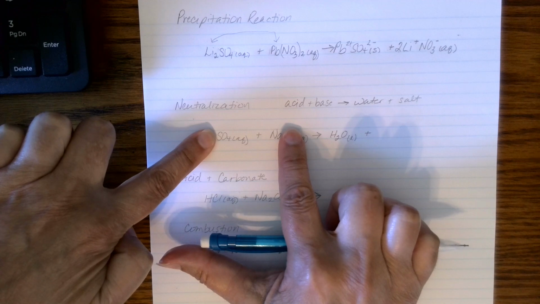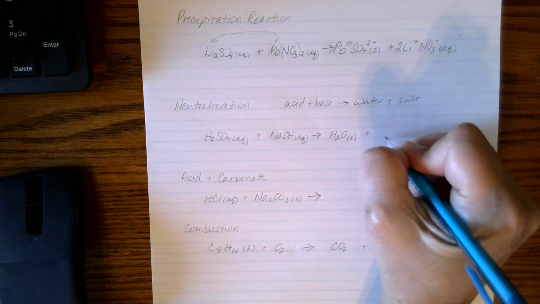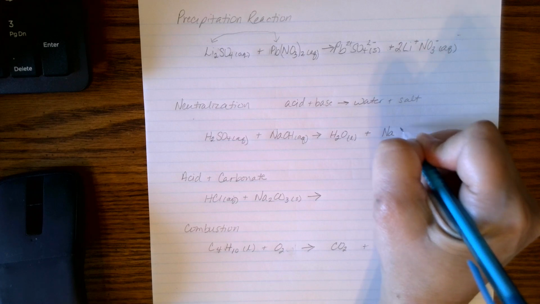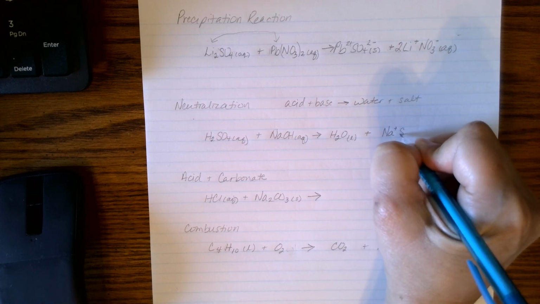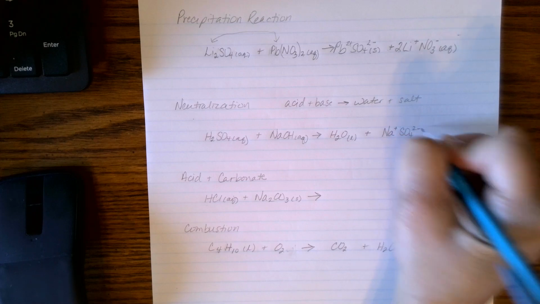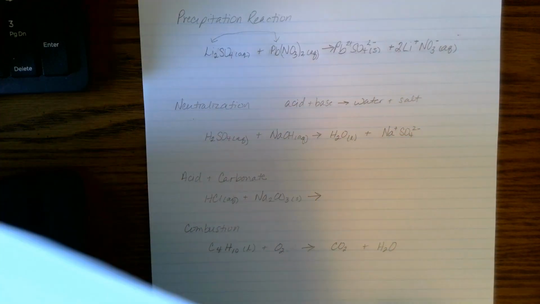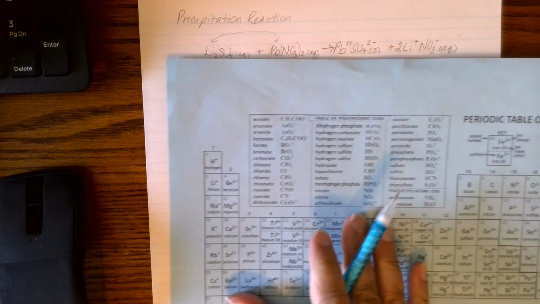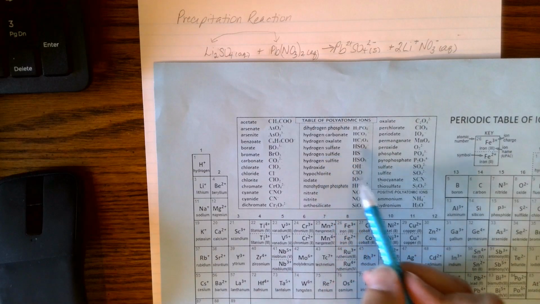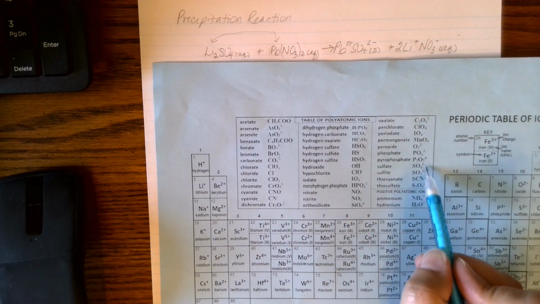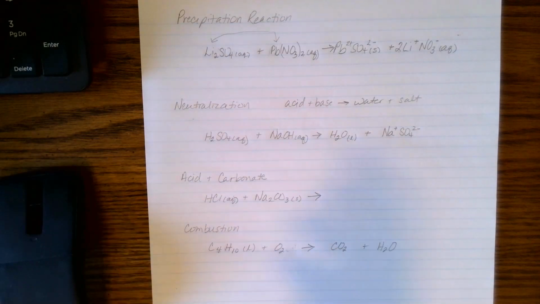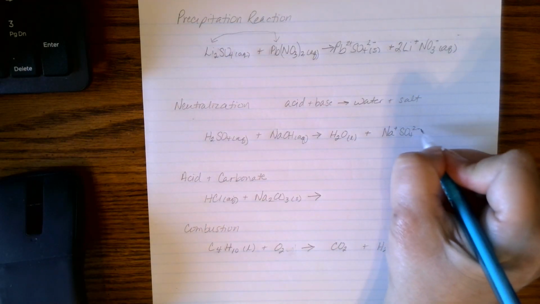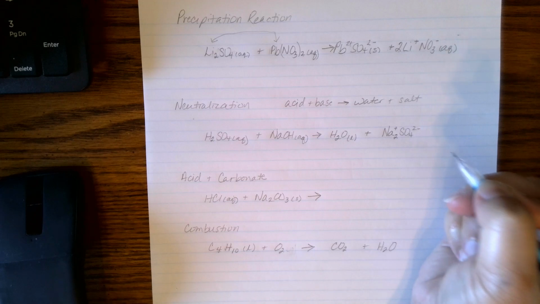So for me, that's the Na with the SO4. Na is a plus, and then I look over here and I find SO4, and it's a -2. These don't add up to 0, so I'm going to crisscross.